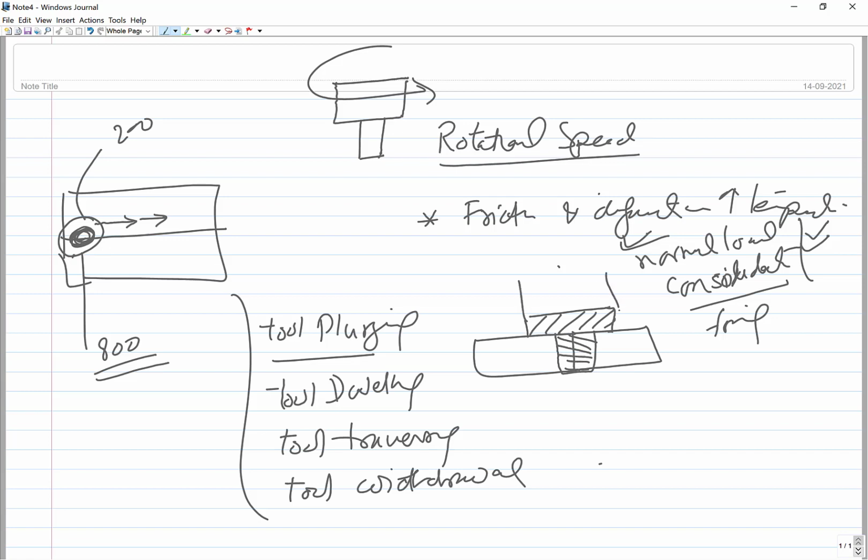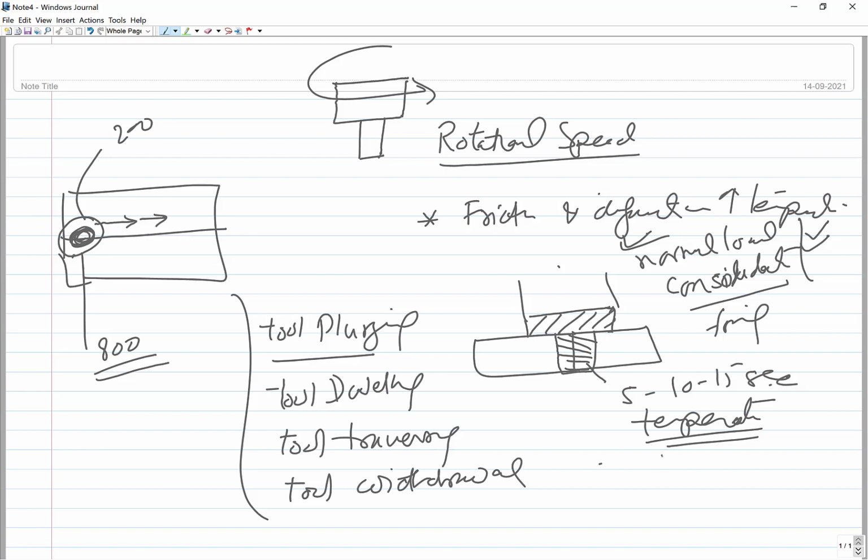So what we do basically, after the plunging is over, we keep on rotating the tool at a particular location for some time, maybe 5 to 10 or 15 seconds, depending upon the thickness or the metal that needs to be welded, so that there is enough heat generation for achieving the desired rise in temperature of the metal all around the tool where it is rotating.